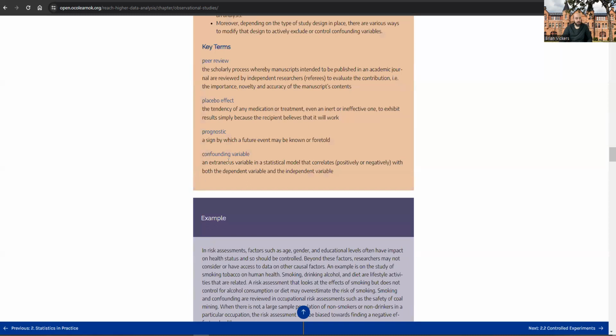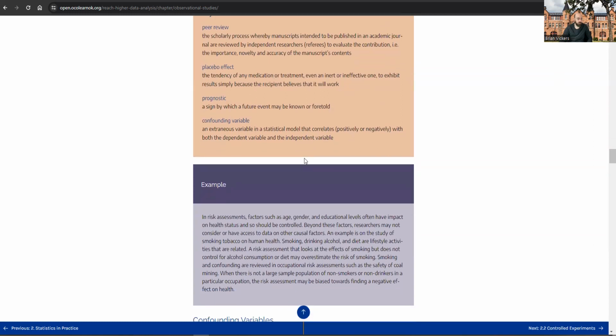And then confounding variable, so some other extraneous variable in a model that correlates, positive or negative correlation, with the dependent or independent variable. So either has an effect whereas one increases, the other is decreasing, or where one decreases, they both decrease, or one increases, they both increase. So some sort of correlation with that.